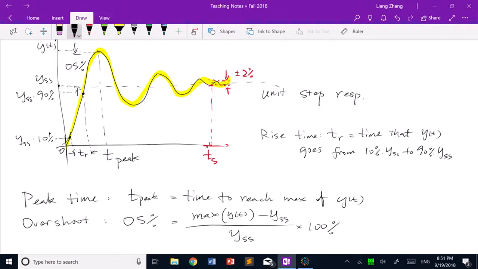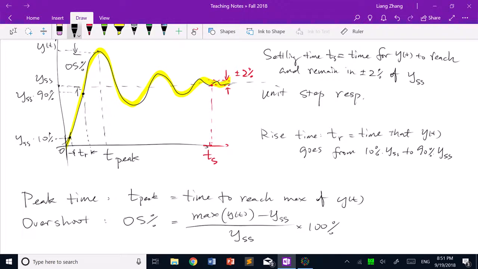So let me write it. This is the settling time, Ts. It's the time for y of t to reach and remain within plus minus 2%, or as I mentioned, sometimes 5% of the steady state level of your output.